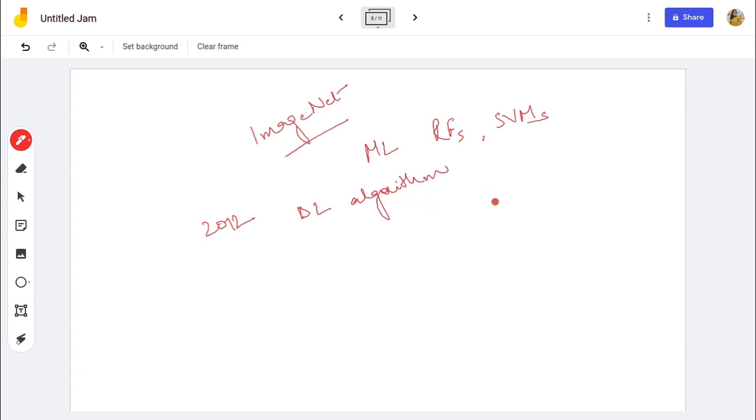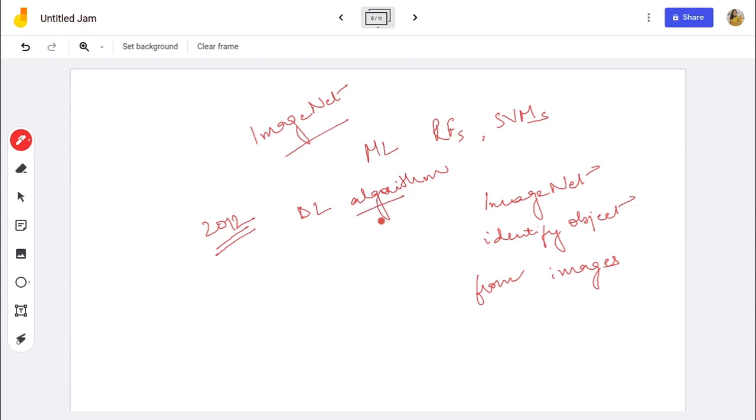So what exactly was ImageNet? Well, in ImageNet, the main task was to identify objects from images. Remember, this was a very difficult task back in 2012. They used a basic deep learning algorithm to solve this problem, and what was surprising was that this algorithm beat all the classic machine learning algorithms by a very large margin.